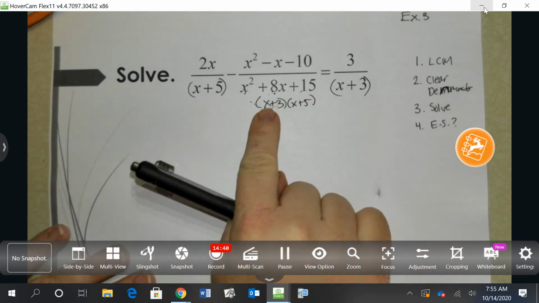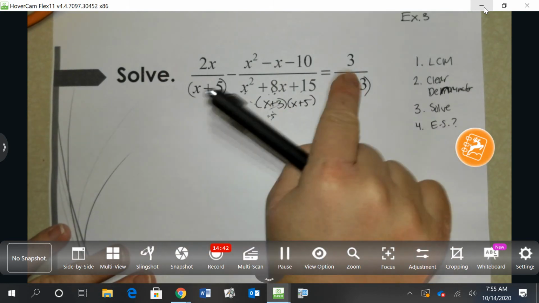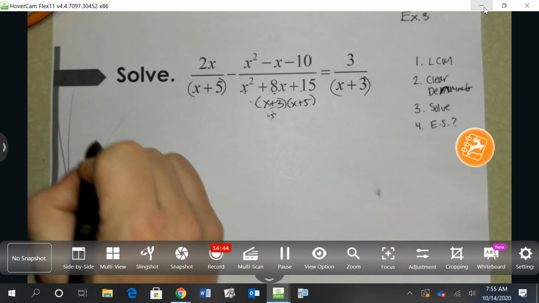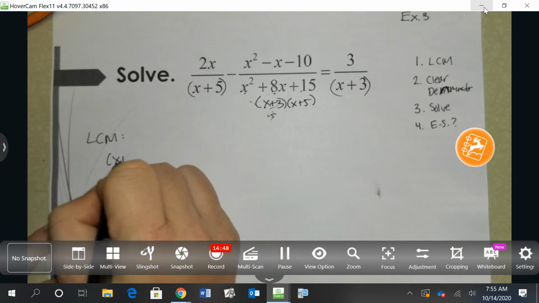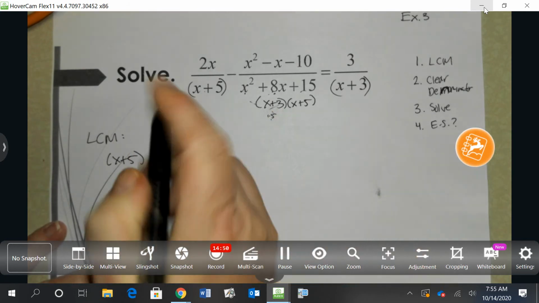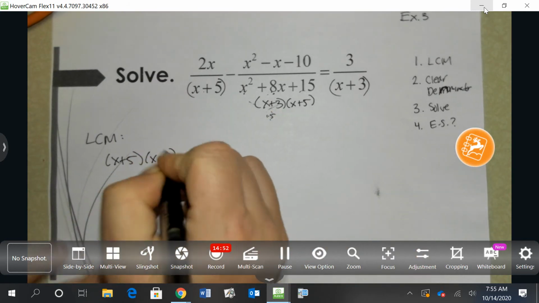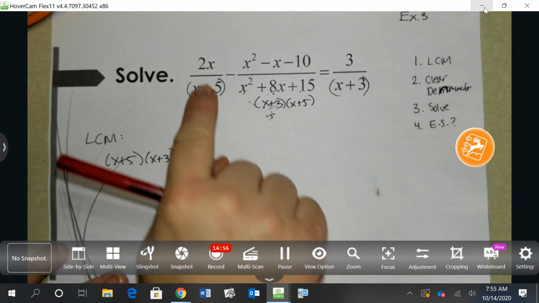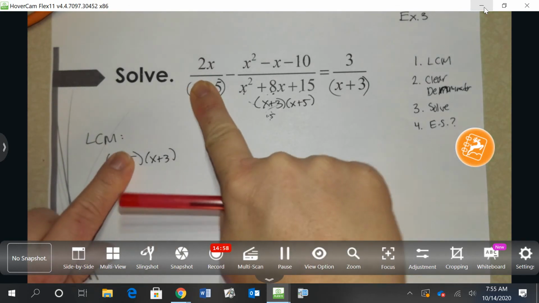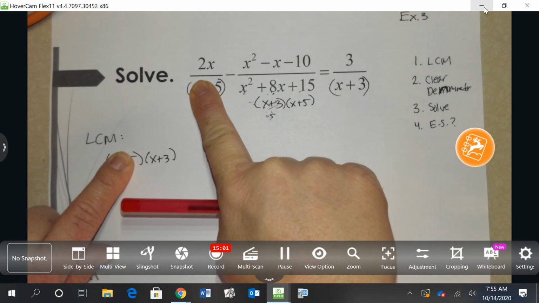So okay, I've broken apart the 3 different terms here. And now to determine the LCM, it has to have an x plus 5 and it needs to have an x plus 3. So I cover this up, and I cover this up, and I ask myself, what is the first term missing?